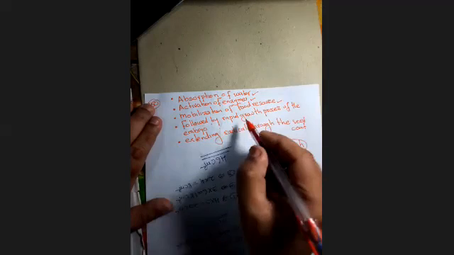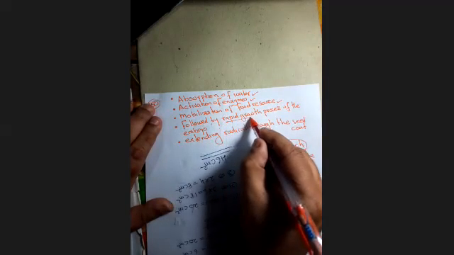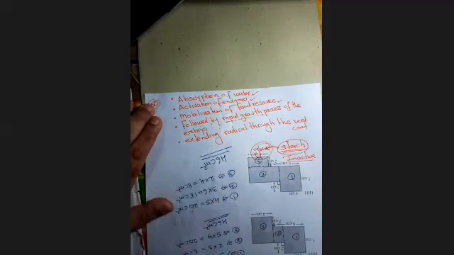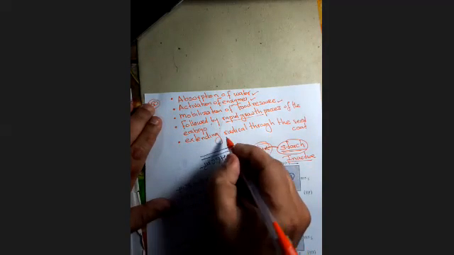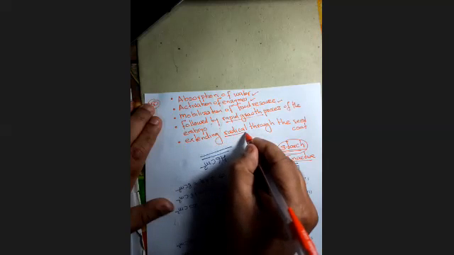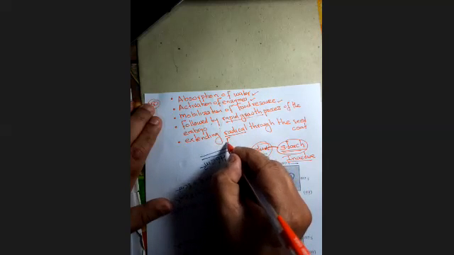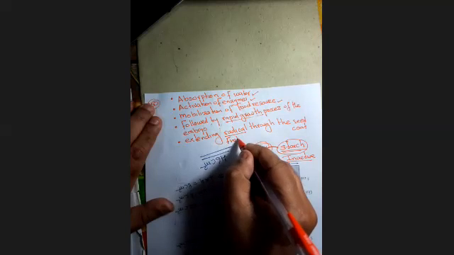Then the embryo is rapidly growing. In the rapid growth, what is coming out first? They say radical.